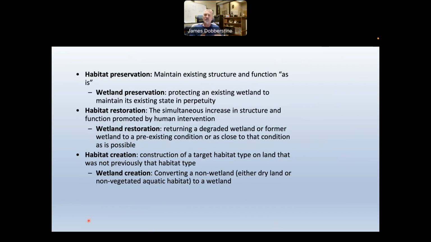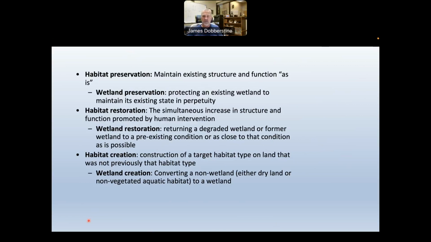When you're preserving habitat, you're maintaining the existing structure and function as is, all right? And this is primarily applied to habitats that are relatively pristine, okay? In other words, we're not going out and preserving brownfields, we're going out and preserving ecosystems that are highly functional and representative of the best of those ecosystems.